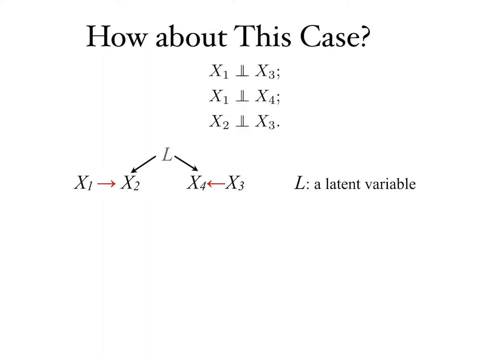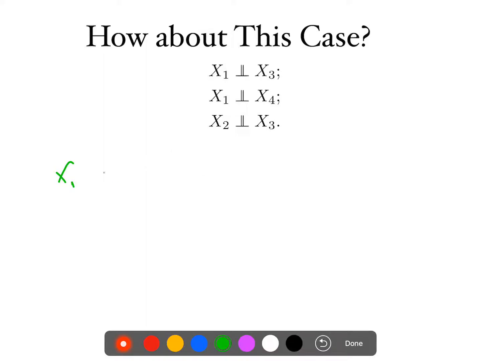This is another example. Here, again, we have independence between 1 and 3, 1 and 4, and between 2 and 3. What's the underlying structure? So you can see we have 1, 2, and 1, 3 independent. That's why this is the skeleton.